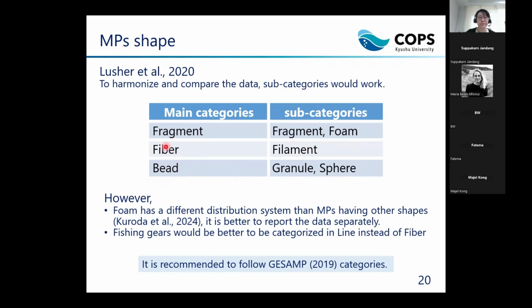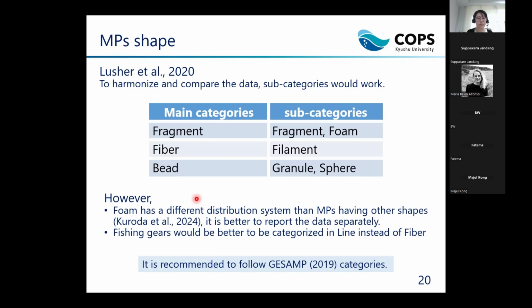Lusher recommends using subcategories, but I recommend using the categories proposed by GESAMP 2019, because in the case of foam, expandable plastic distributes differently on the sea surface compared to other shape types.